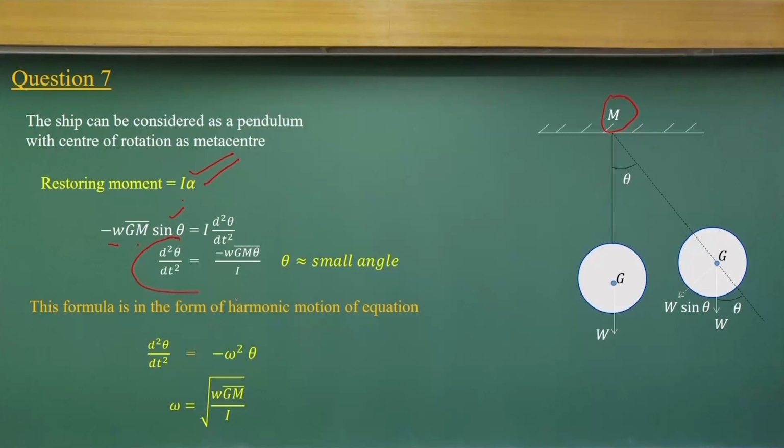If we rearrange it in terms of the angular acceleration of the oscillating component, we will get this, and as a harmonic component, finally we get omega in terms of unit weight, GM, and I, the moment of inertia.